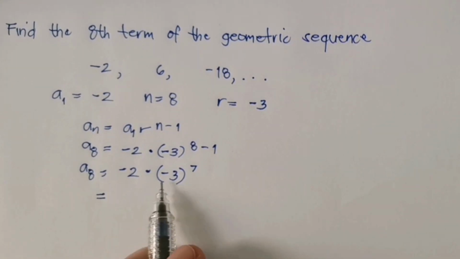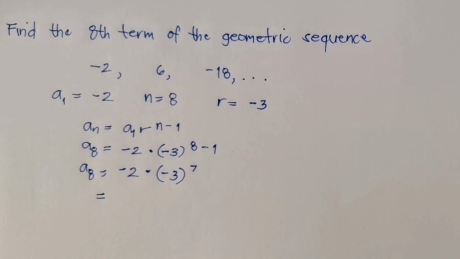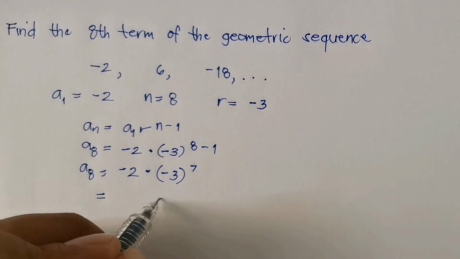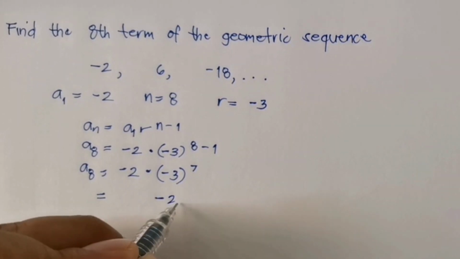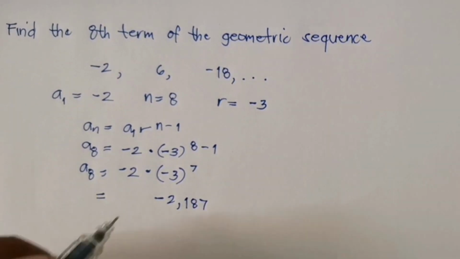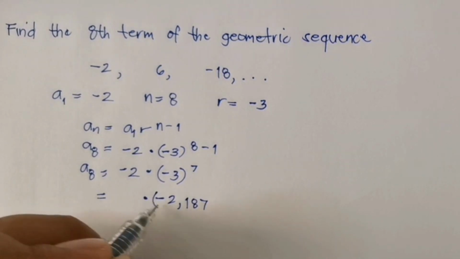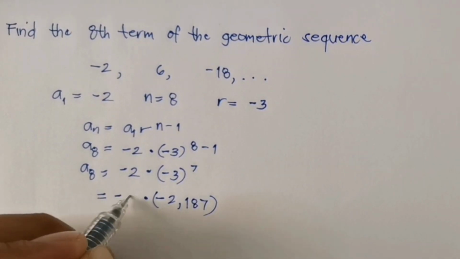Simplify negative 3 raised to 7, that is equal to negative 2,187, multiplied by negative 2.